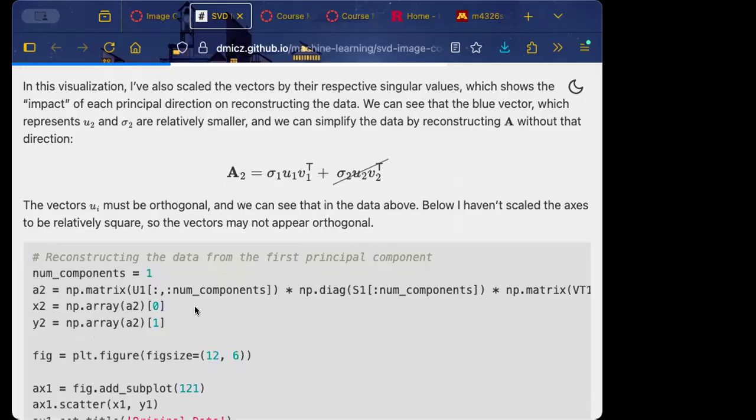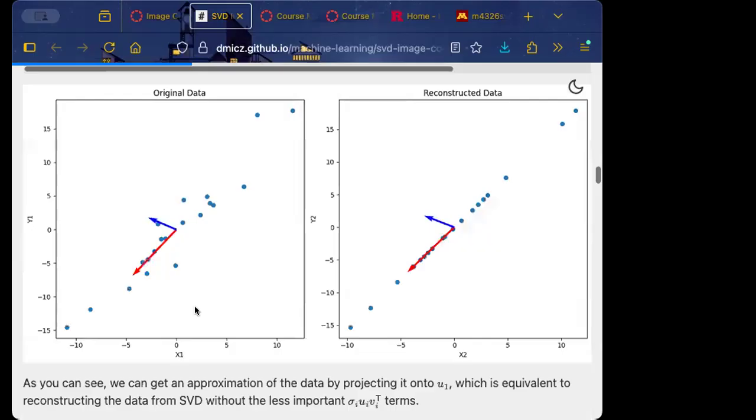Notice that this is a tensor decomposition. They're saying here is a way to compress it. You forget about the second component because it has a smaller singular value, and that's how the data points now look. They cluster along that particular line, so it's a projection.